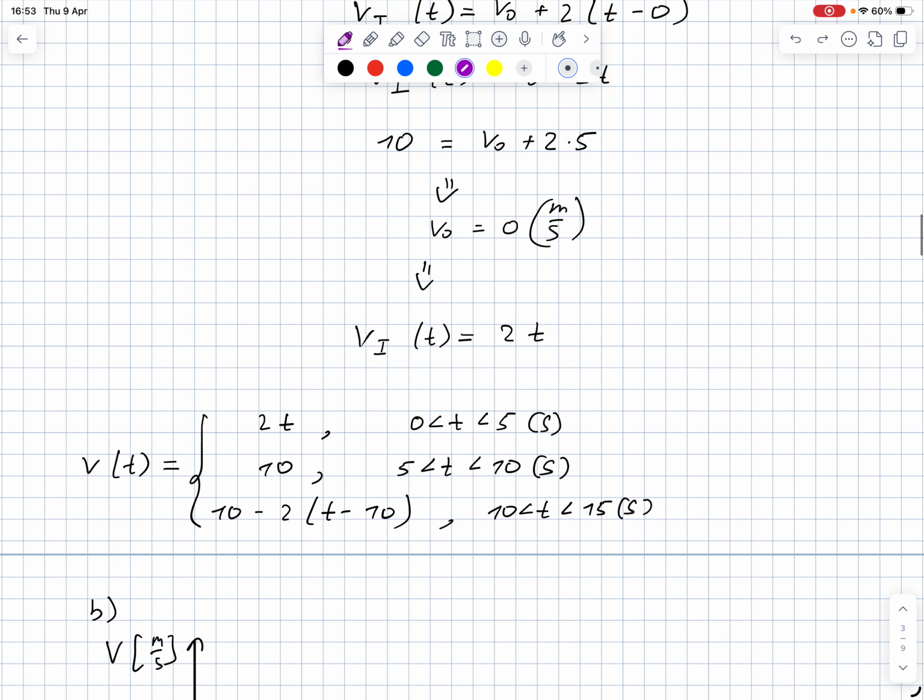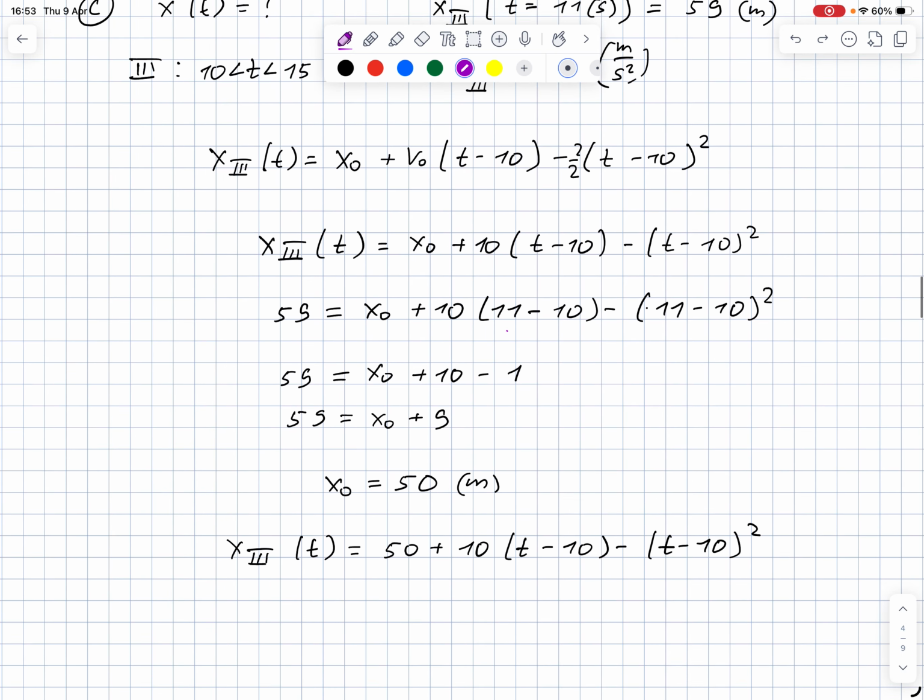Okay, this is the function of velocity for the first interval. When we substitute t by 0, we will get 0 meters per second. So I do know what is initial velocity for the first interval of time. Okay.